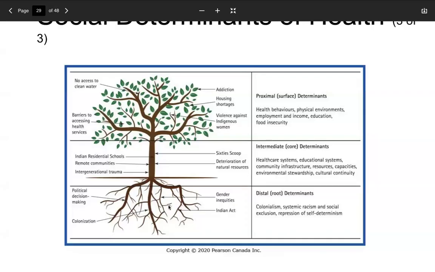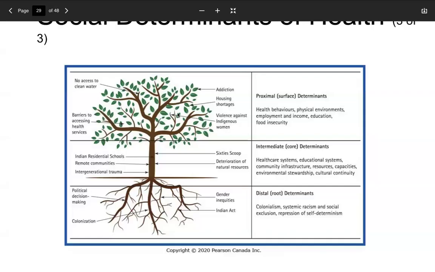Then at the top here, we have the surface determinants or the proximal determinants. These are the visible and the immediate factors that affect their daily life and their health, right? You can think of these as the branches and the leaves of the tree, right?